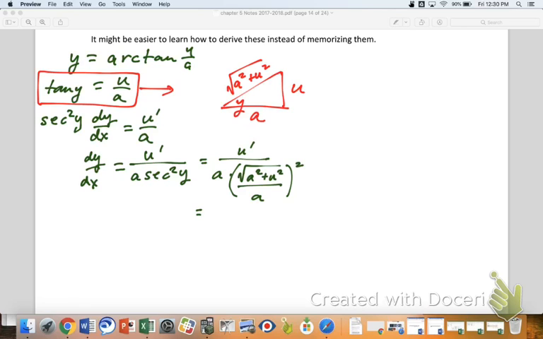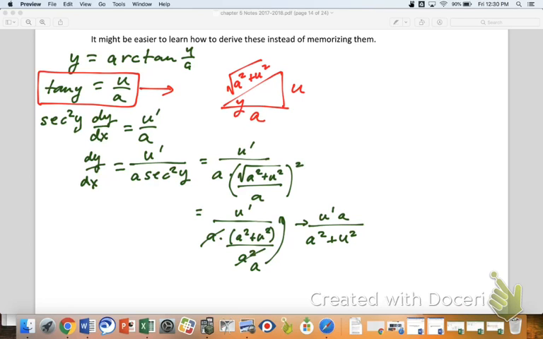All right, so this gives me u prime over a times a squared plus u squared, because the squared and the square root canceled, all over a squared. So there's a little more to this one, right? Because the a canceled out with one of the a's, and you still got to flop that a back up, right? So you end up finally with u prime over a squared plus u squared, exactly what we were hoping to get.